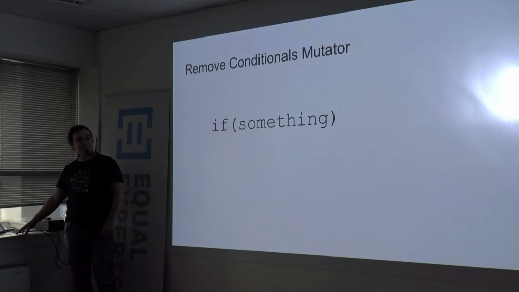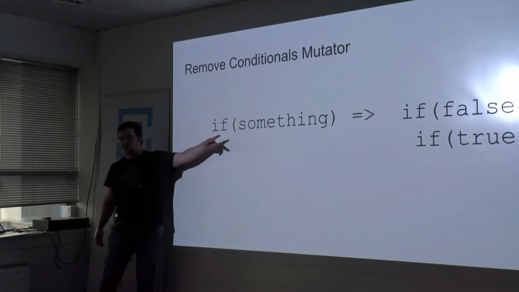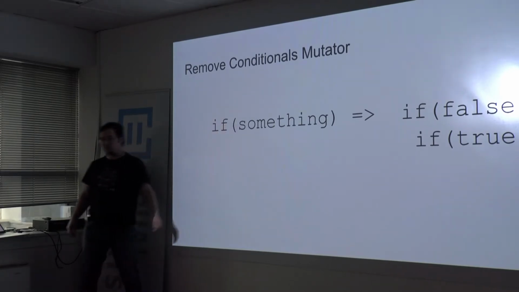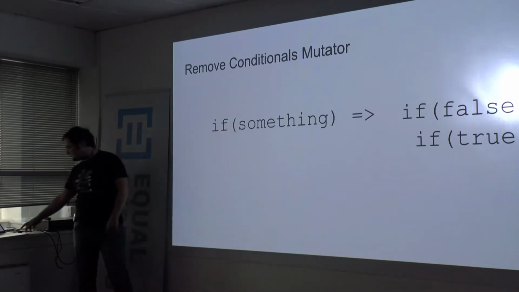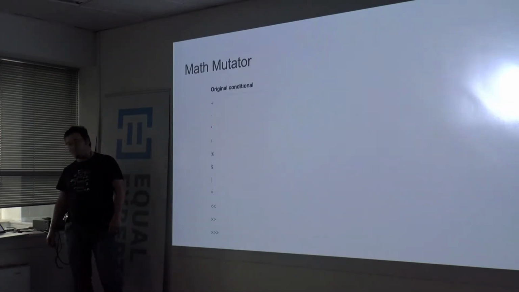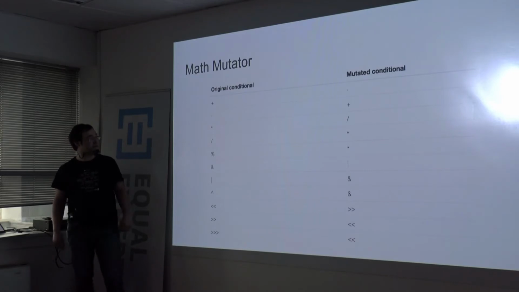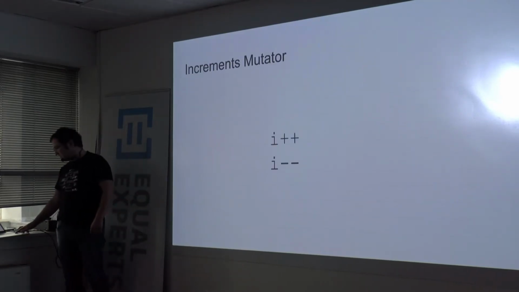Remove the conditional altogether. If you have something, you can have two mutations, forcing the branch to always be false or always be true, regardless of what you have here. If you have math operations, then they can be mutated too. When you have a plus, it becomes a minus; division, multiplication, and so on.